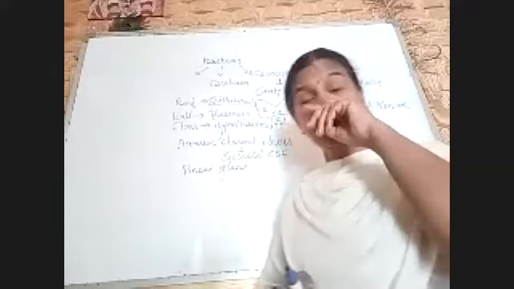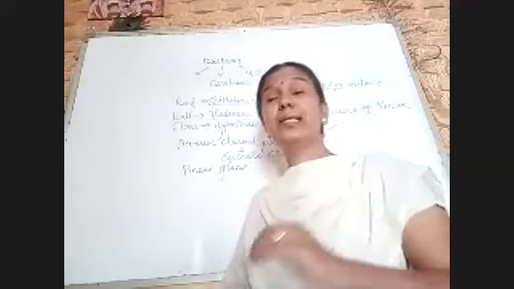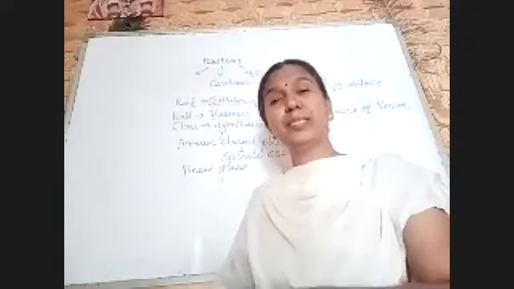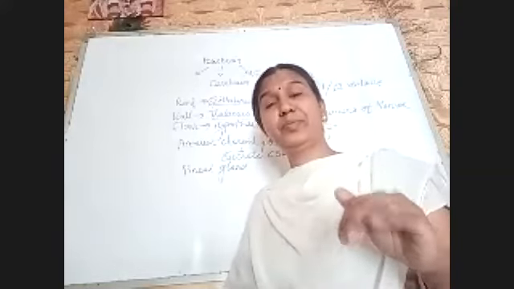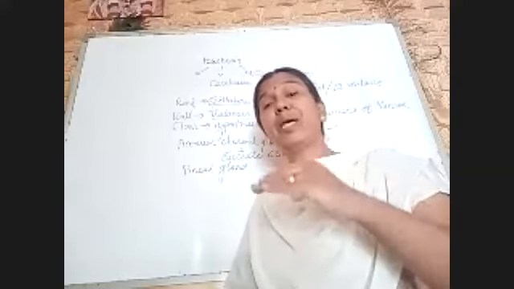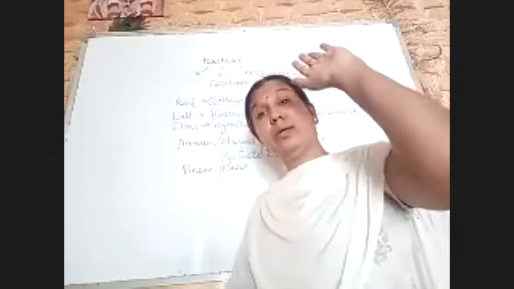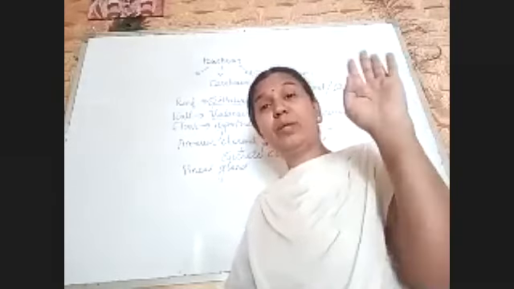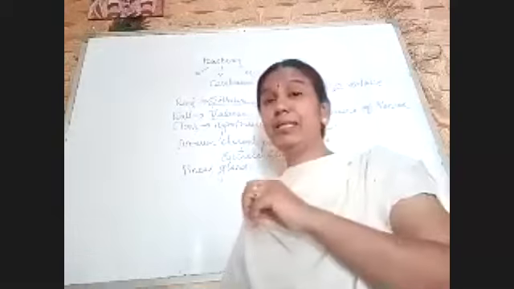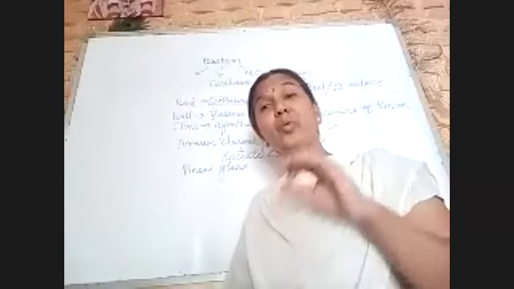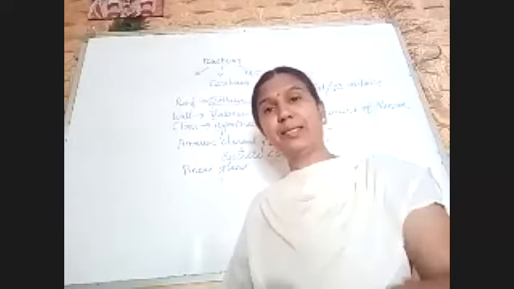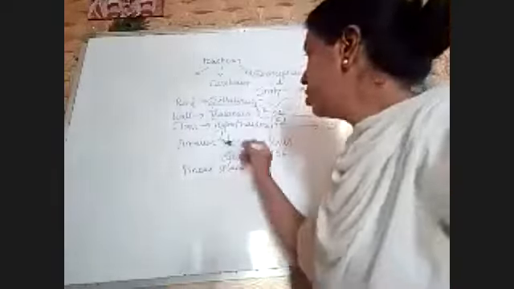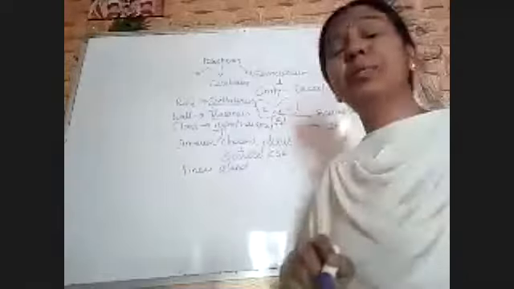So that's why it is called a relay center, or the gatekeeper of the cerebrum. Which messages should go towards the cerebrum or not is decided by this thalamus. It contains nerve bands.